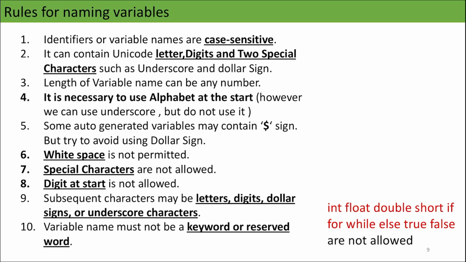For cannot be used, while cannot be used, else, true, and false. All these are reserved, and there are others, you can find them. Those are part of the programming language, like public, static, private. We'll maybe come to them later, but these are reserved for the language, meaning they cannot be used for the variable name. Otherwise, it will confuse the code and it causes a problem.